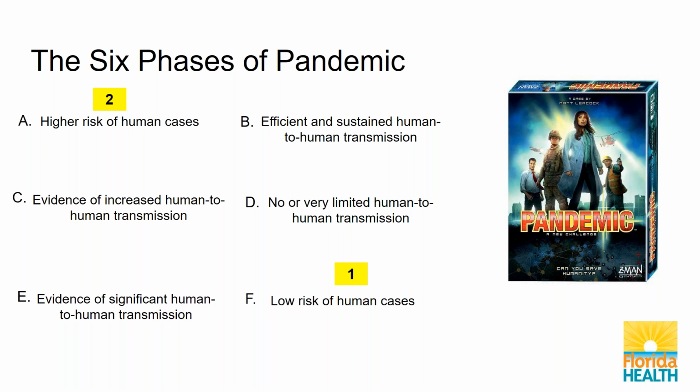Okay, so we have some C's and some D's. And D is actually the correct answer. So you're going from low risk of human cases to higher risk of human cases to no or very limited human-to-human transmission. So what would be phase 4?